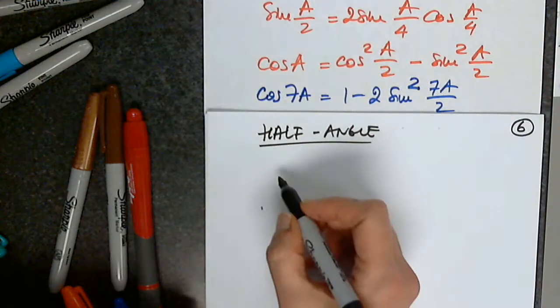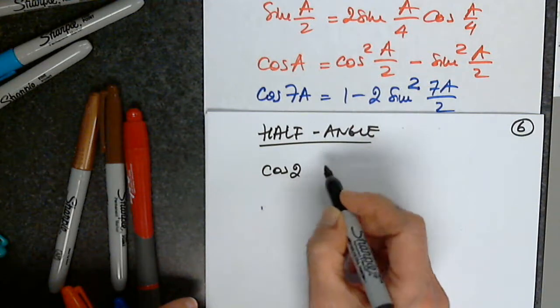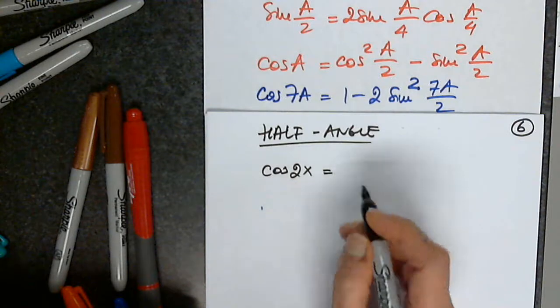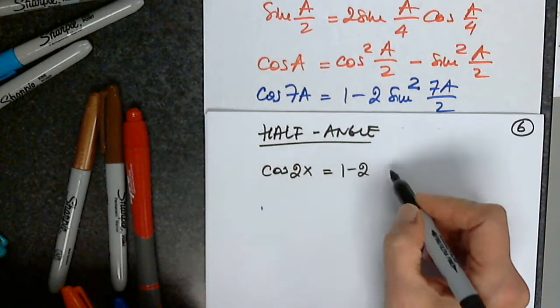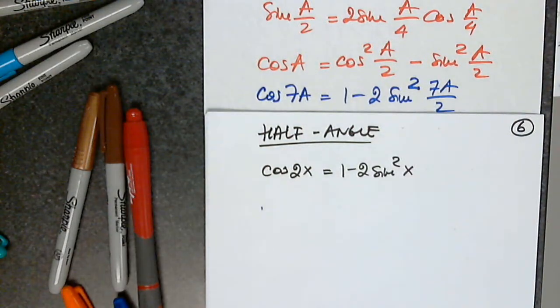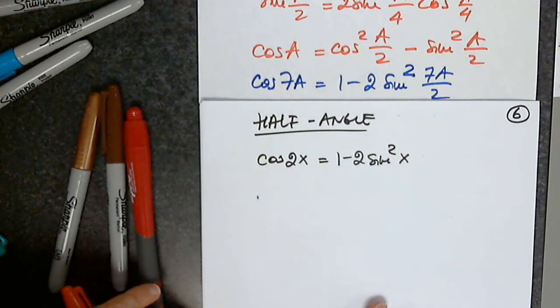Let's start with cosine twice x with the formula for sine. As you said, 1 minus 2 sine squared x. Is this what we just had? Cosine twice the angle is 1 minus 2 sine squared of the angle. Correct? I would like to solve this equation for sine squared first.